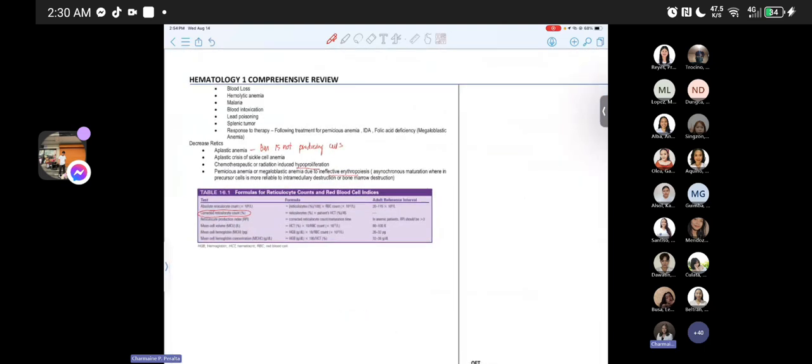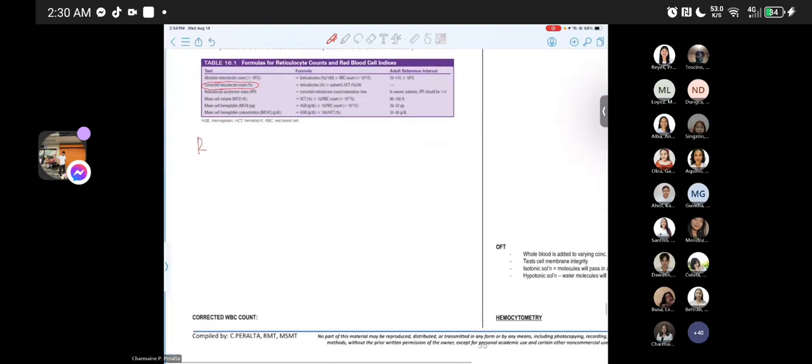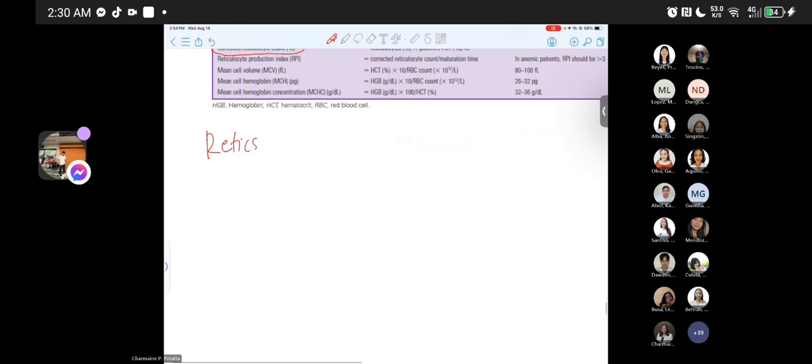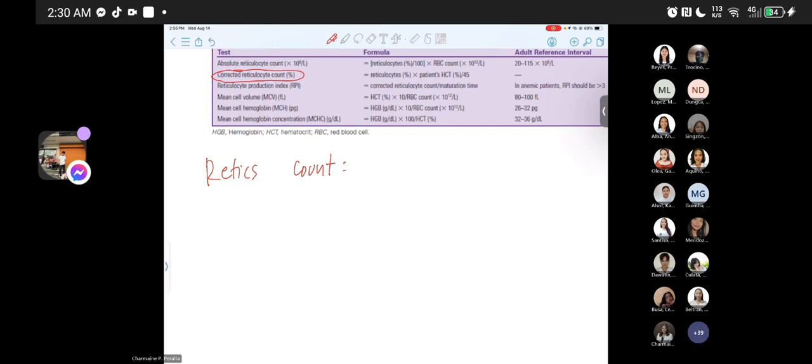So sa reticulocyte count, ang retics count is number of retics divided by 1,000 RBCs times 1,000.